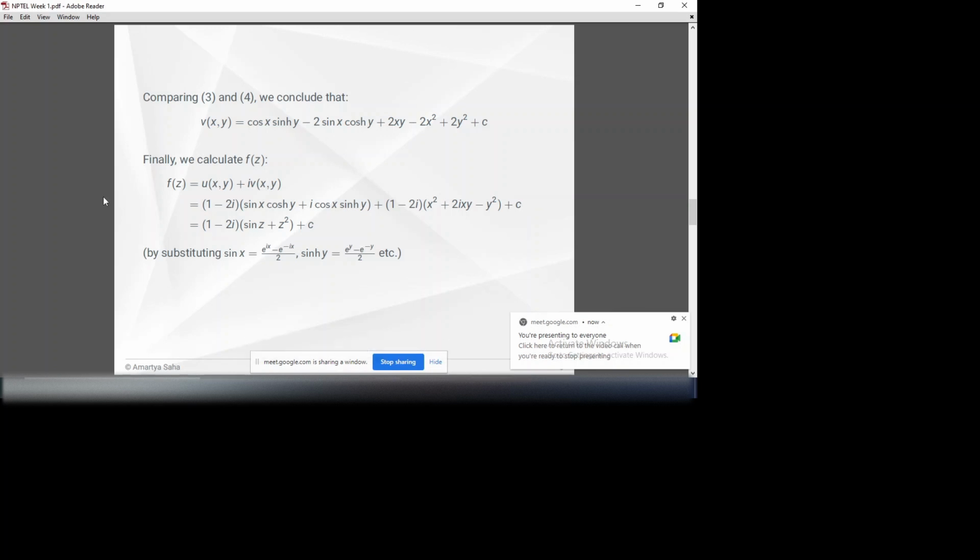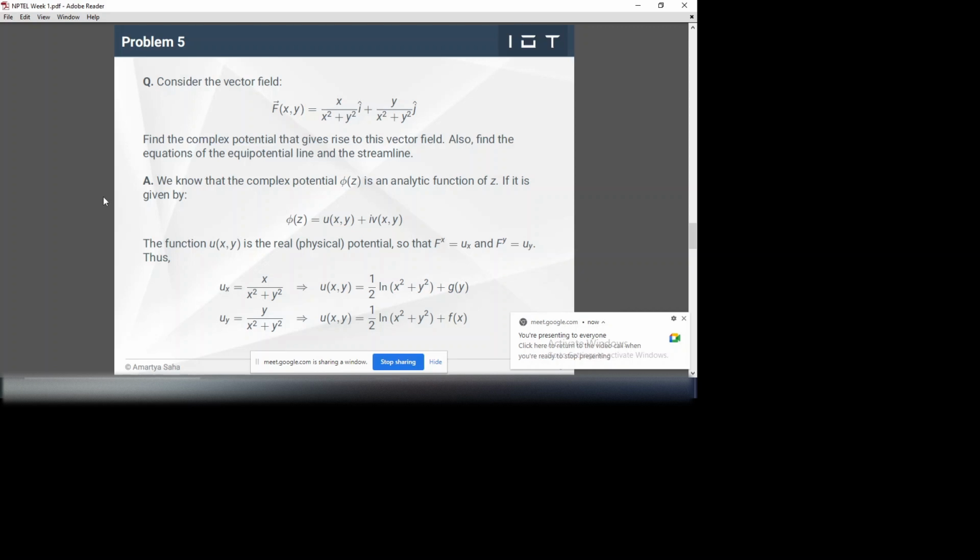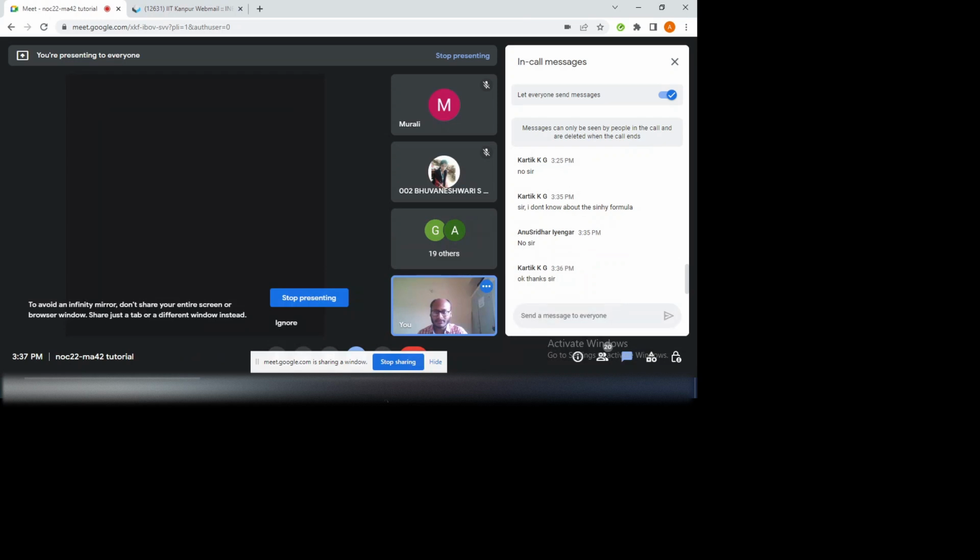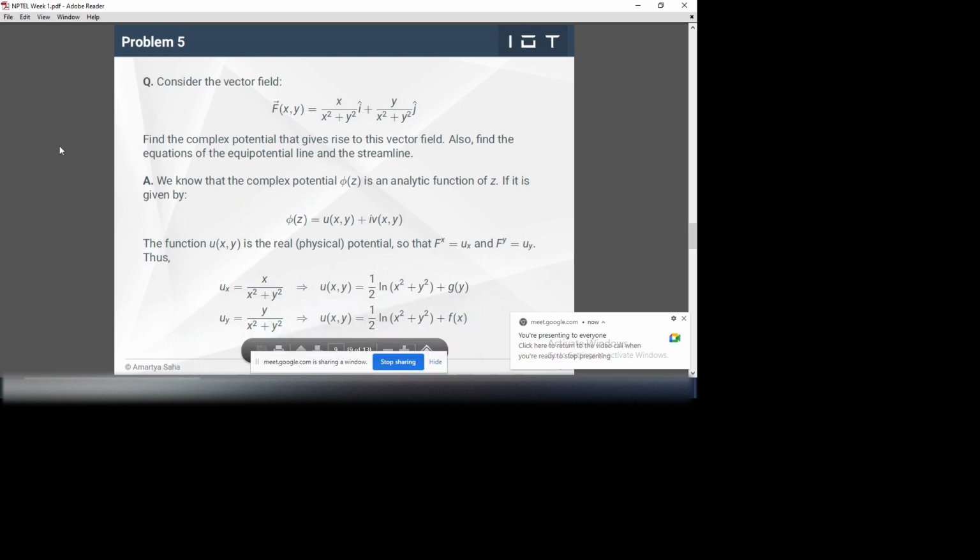I'll be moving on to the most involved problem of this session here. So I guess this thing has been taught already, right? So what is a vector field, what is an equipotential line, and all this. Let's consider electrostatics.